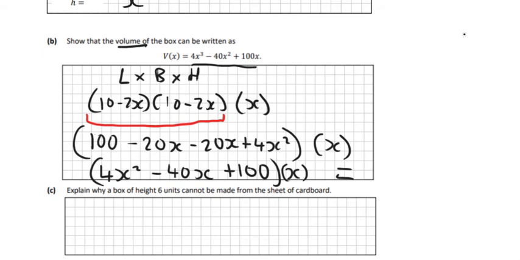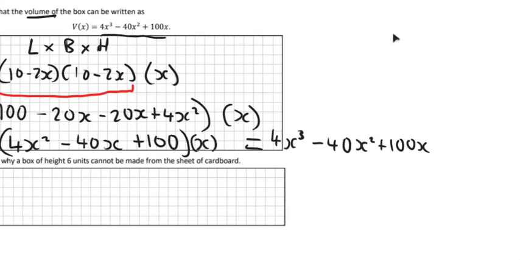So x multiplied by 4x squared is 4x cubed. x multiplied by minus 40x is minus 40x squared, and x multiplied by 100 is plus 100x. And that's it. That's the answer for that part. You've shown that that is V of x, so equals V of x basically.